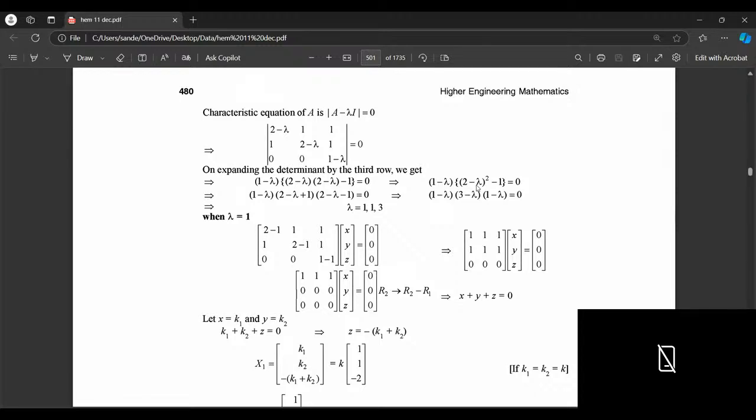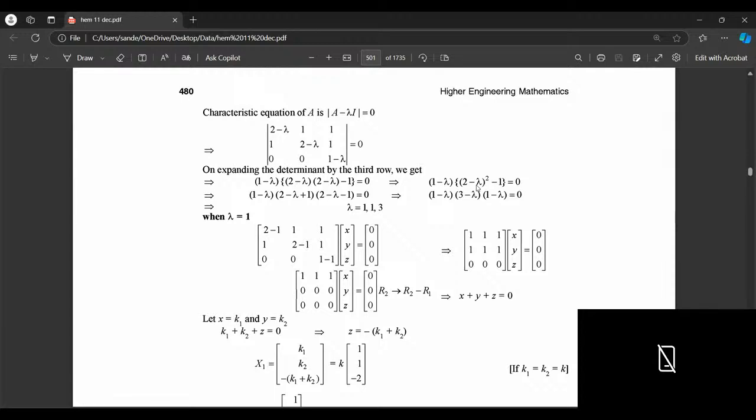You will get matrix 2 minus lambda 1 1, 1 2 minus lambda 1, 0 0 1 minus lambda into x equal to 0. Now we put lambda equal to 1. After substituting, you will get the system of equations, coefficient matrix 1 1 1, again 1 1 1, and last will be 0 0 0.